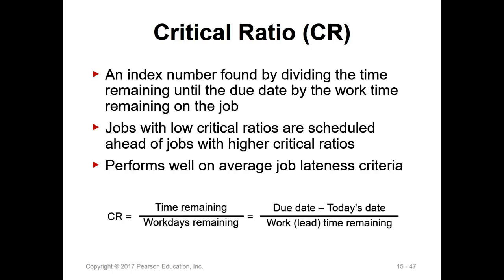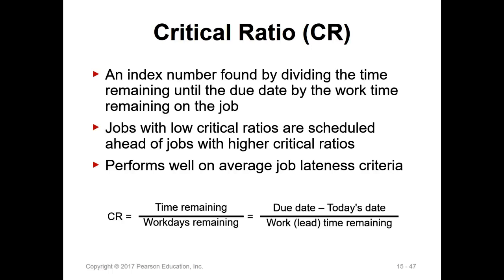You can use the remaining time. So the work remaining time and the time to process it compared with the due time. So look at what is the time right now and how many days until it is due. So this is the time remaining to finish the job according to the due time.